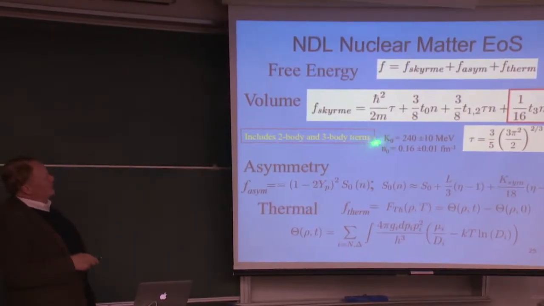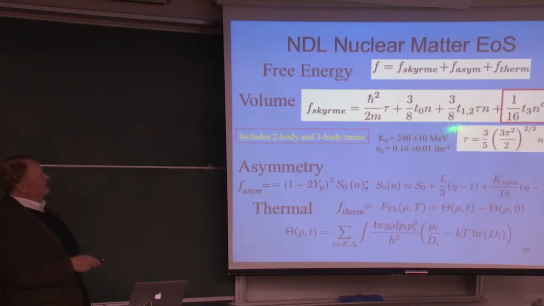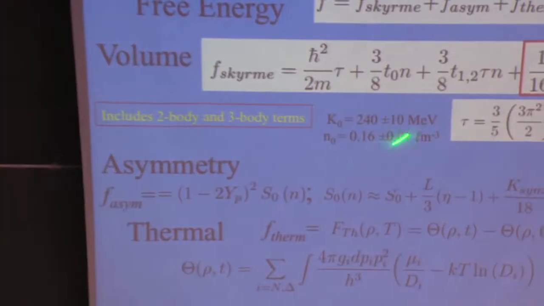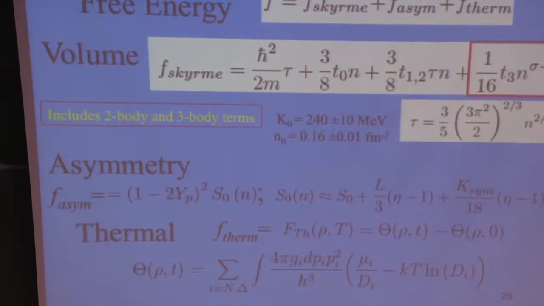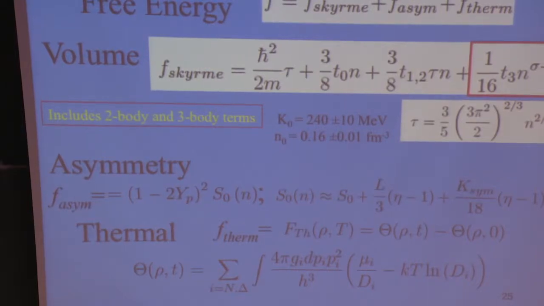So we force it to give what's believed to be the observed compressibility parameter that's measured by the nucleus's monopole resonance, like a breathing mode. And you can measure that, and from that you get the response of the nuclear fluid to being compressed spherically, and that's that term.